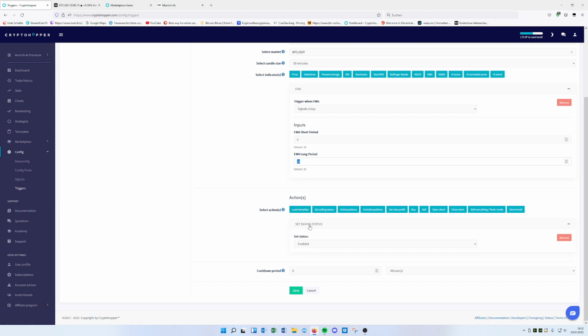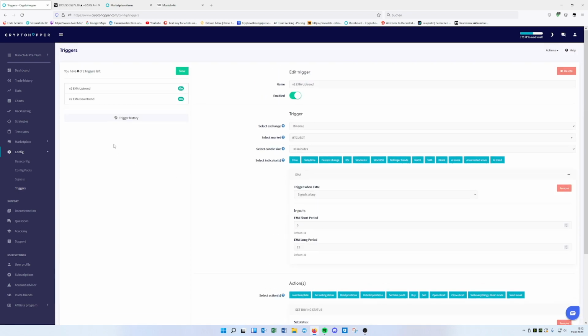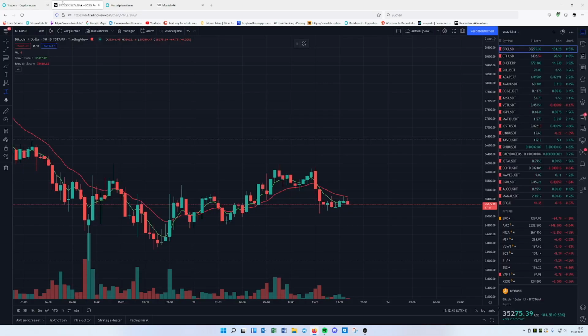The buying status, which is also here, is enabled, and then we do not set a cooldown period. You can set it if you want, but I would put it on 5 minutes, to be safe.